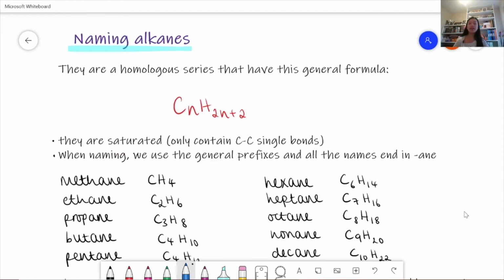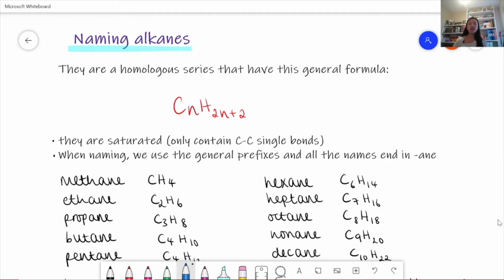Now we're going to have a look at how we name alkanes. Alkanes are a homologous series, which just means it's a collection of molecules which have the same general formula, CnH2n+2. They're also regarded as saturated, meaning they only contain carbon-carbon single bonds.